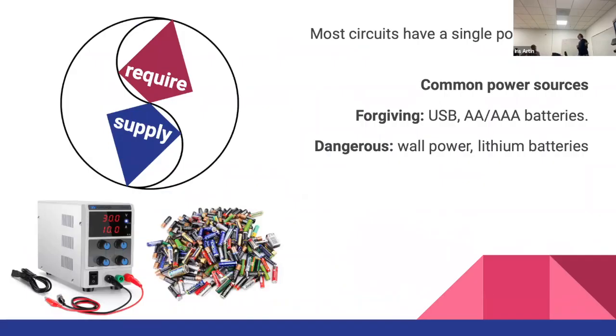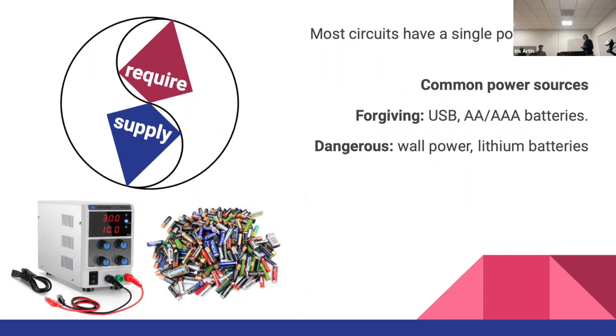Basically, if you have a circuit, it has to have some kind of power source. Most importantly, in whatever circuit you have, especially when you're just getting started, it's important to understand which power sources are relatively safe to work with versus the ones that will try to kill you in some way. Power sources that are very forgiving for beginner work would be anything that has a USB cable on it.